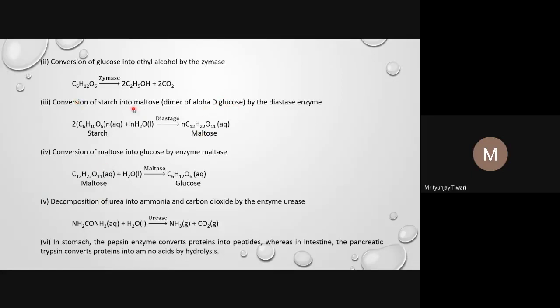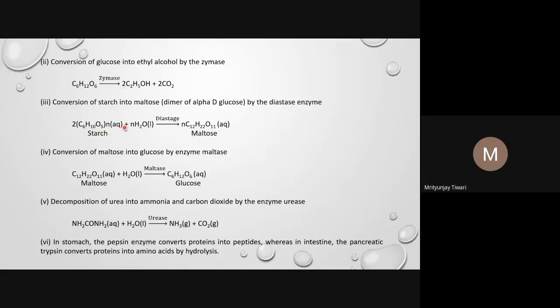So what is starch? It is a polysaccharide of alpha D glucose. Maltose is a disaccharide of alpha D glucose, and this is a polysaccharide, so there are many alpha D glucose units joined together. They may form one chain or a branched chain, depending on which form of starch it is, amylose or amylopectin.